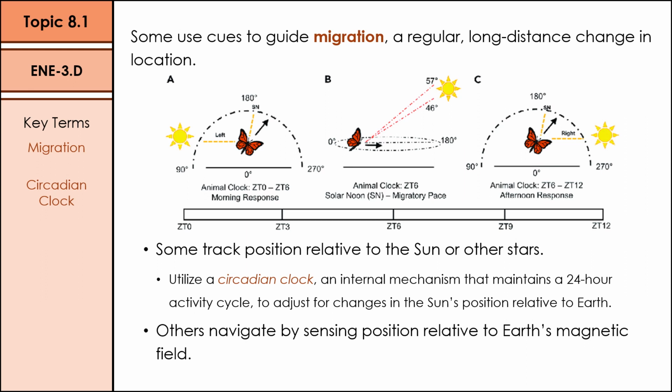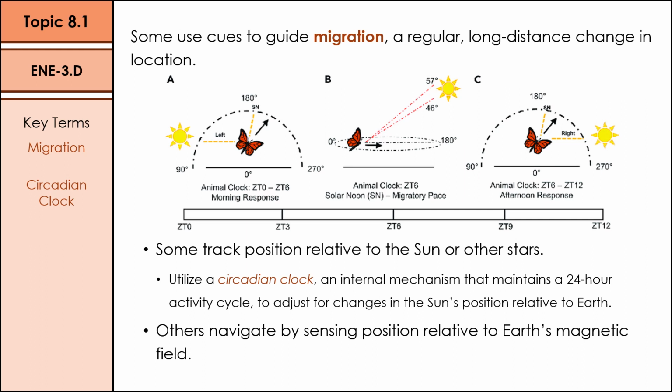For example, relative position to the sun or to stars can help guide this migration through the use of what we call a circadian clock. Very similar to a circadian rhythm, if you have heard that term before, where we start to develop different hormones at different times of day based on how much sunlight we're receiving.